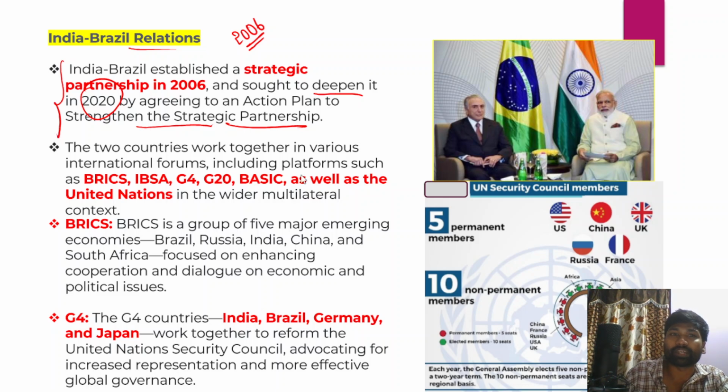And in fact both India and Brazil work together in various international forums, including platforms such as the BRICS grouping, the India Brazil South Africa forum, and the G4 grouping.